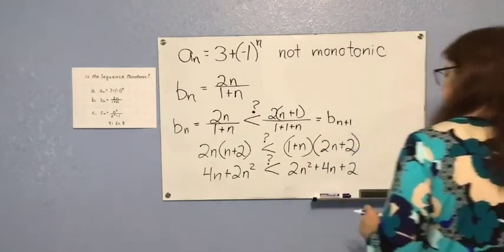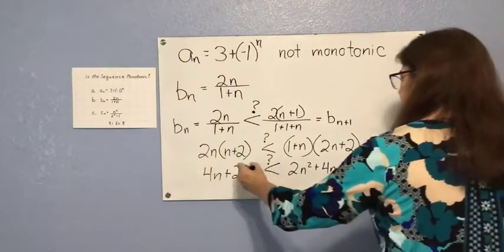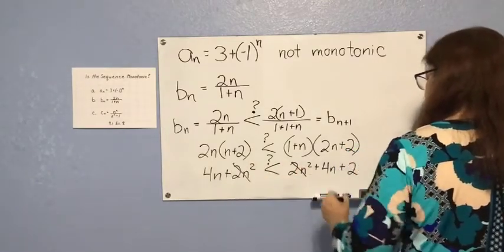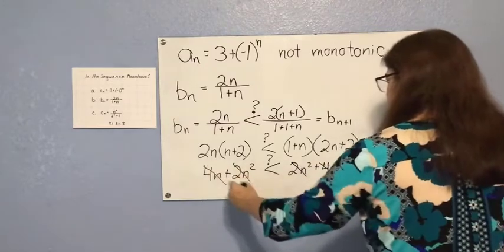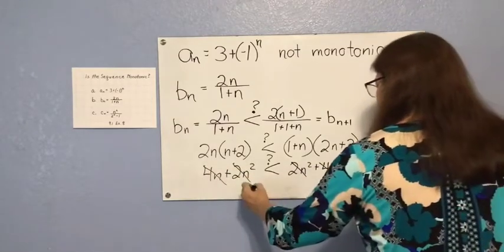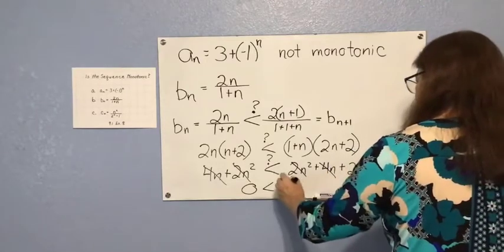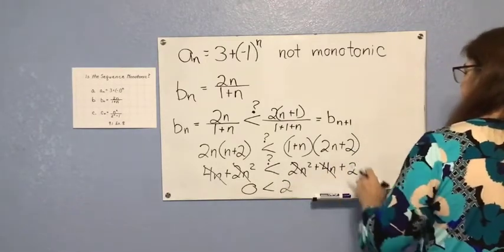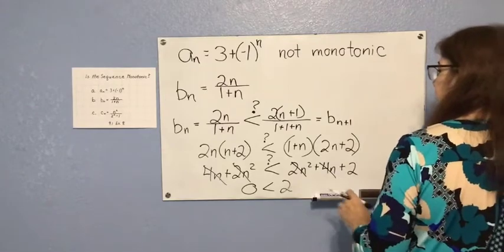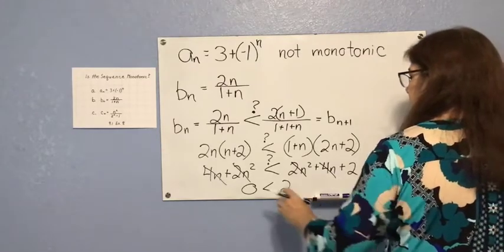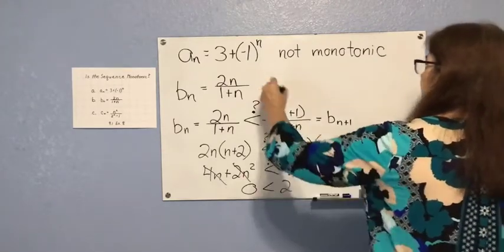Okay, when I look at things that are common to both sides, this and this are going to be the same size. This and this are going to be the same size. So I have nothing over here, but I have a 2 left over here. So I have shown that this side is always going to be larger than this side. So this is monotonic.